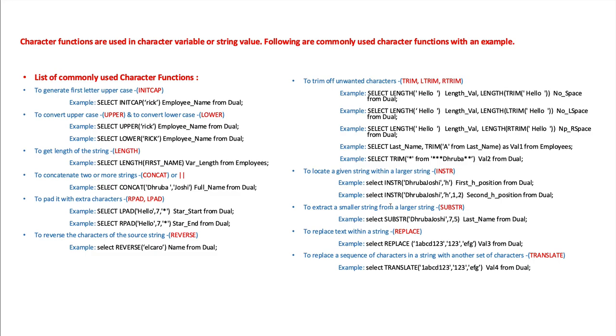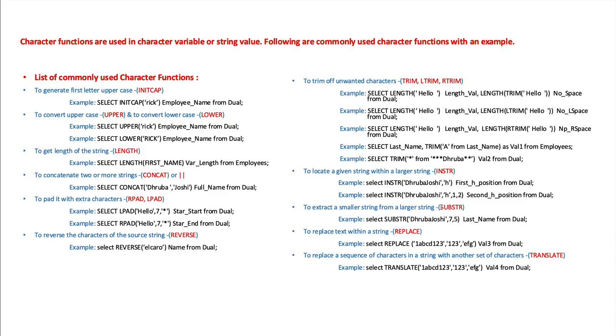But in the second example, after 'h' we apply 1, 2. Here 1 means start from the left, and 2 means the second 'h' position. So the first example shows value 2. The second example counts 1, 2, 3, 4, 5, 6, 7, 8, 9, 10, and it will show 10.